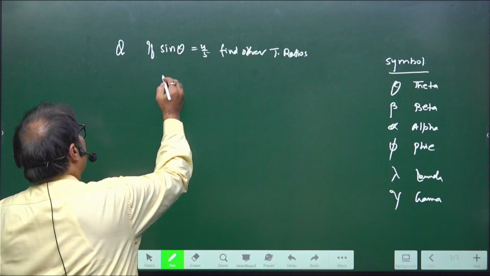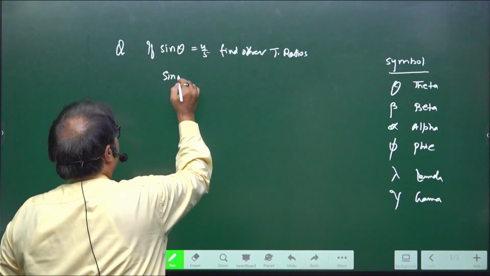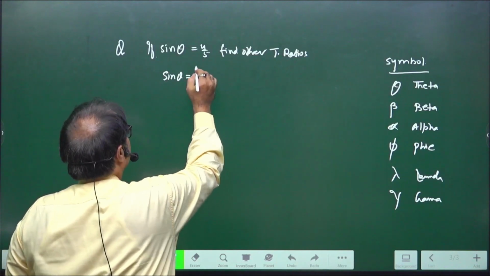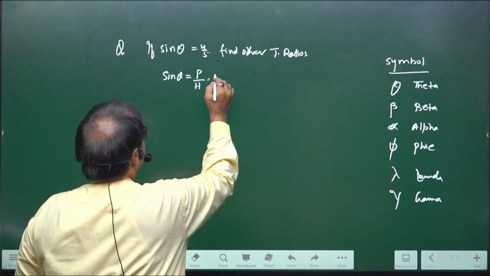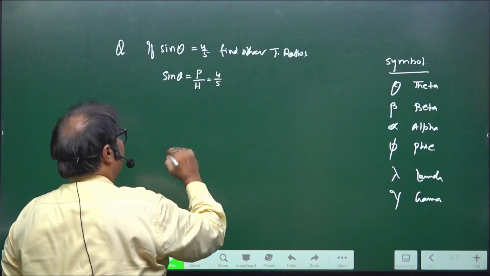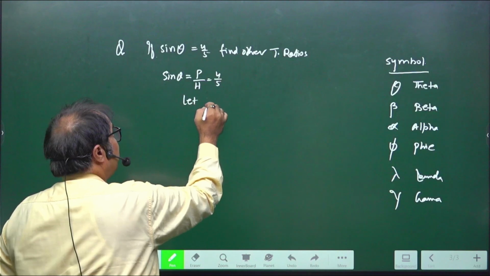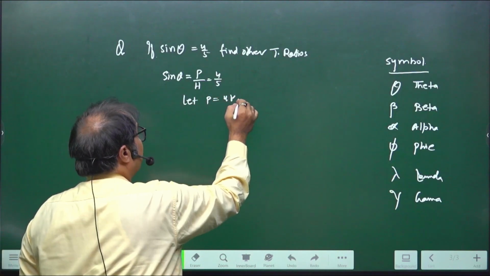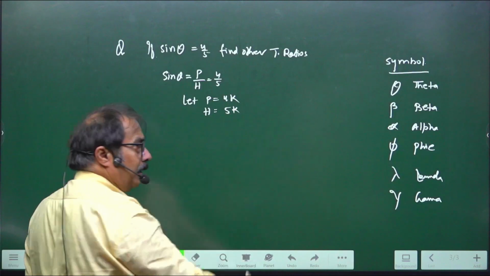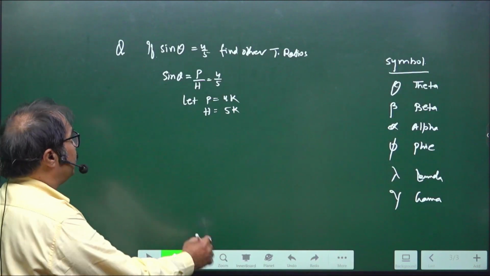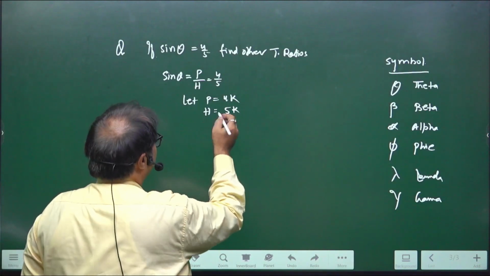As we know, sine theta is the ratio of perpendicular and hypotenuse, and this is given as 4 by 5. So let P be equal to 4K and H equal to 5K. By applying the Pythagoras theorem, we will find the base.